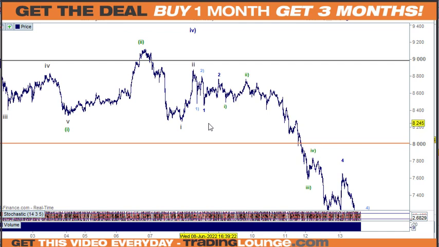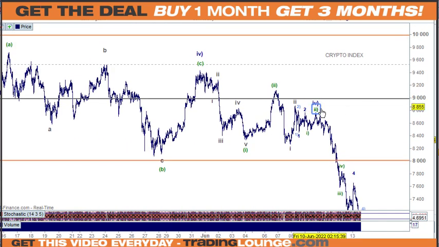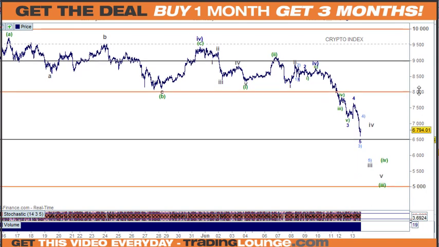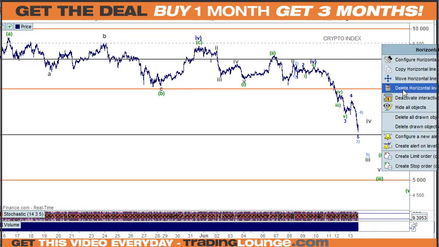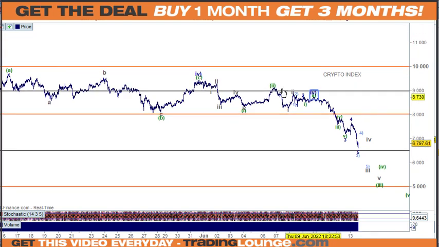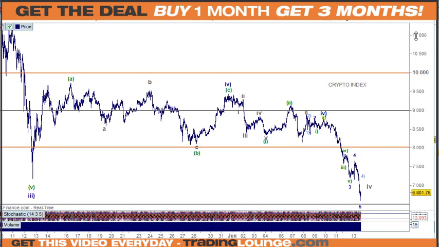So we've either got something like that, or we will need to put wave 4 way over here, and we end up in a triangle pattern. If that's the case, there are two different counts there. Just to let you know, with the crypto index, just as an example, we can put wave 4 here, or we can bring it way over here and look at all of this as a triangle pattern.